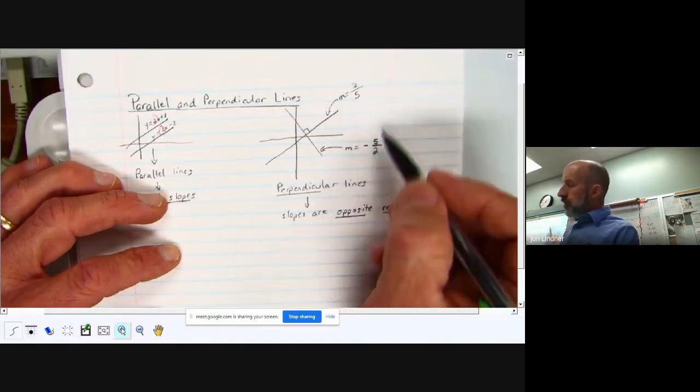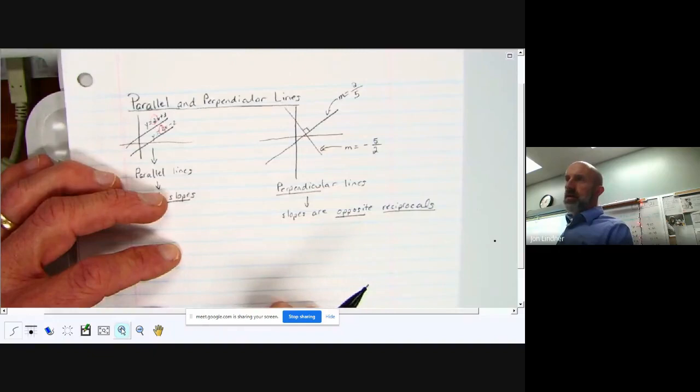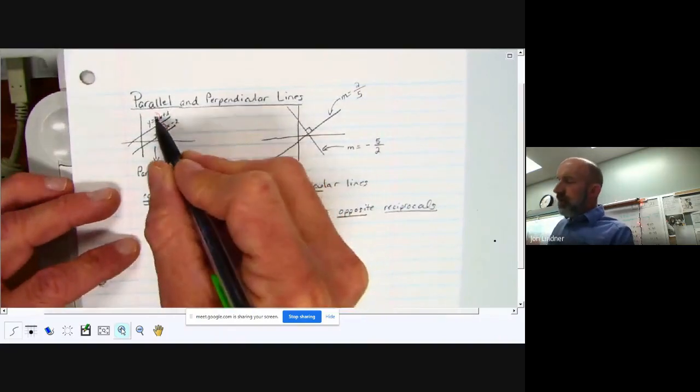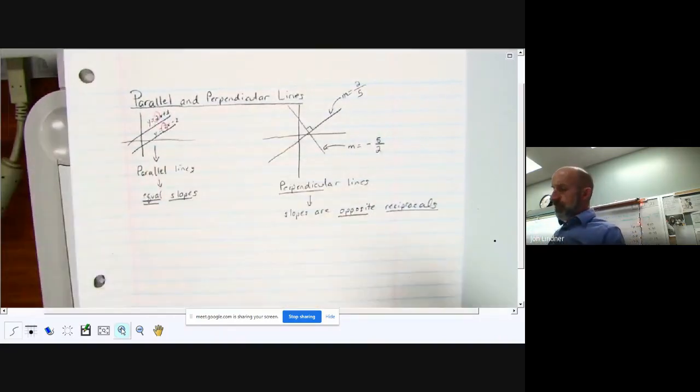You flip the numbers and you change the sign if they are perpendicular to each other. If they're parallel, then the slopes are exactly the same.